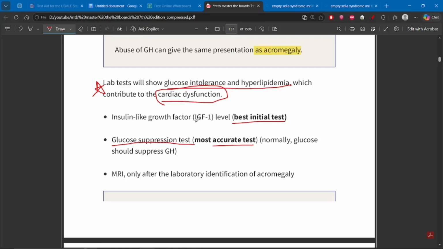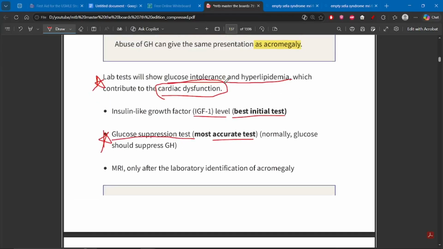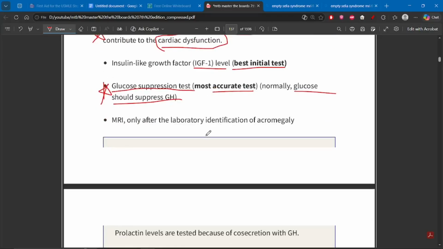Best initial test is IGF-1 level, and the most accurate test is the glucose suppression test. This is the main bulk of Step 2 CK, the best initial and most accurate tests. Normally, glucose should suppress GH, but if it doesn't, then you know that there is something wrong, because GH is getting produced so much that glucose is not able to suppress it.